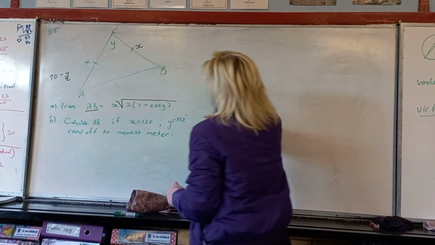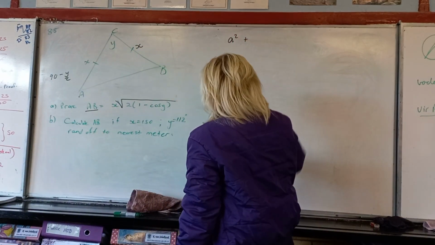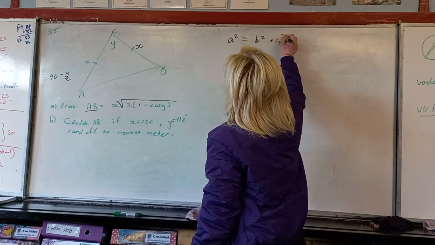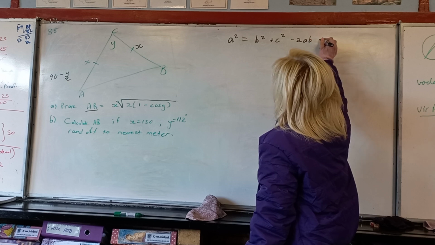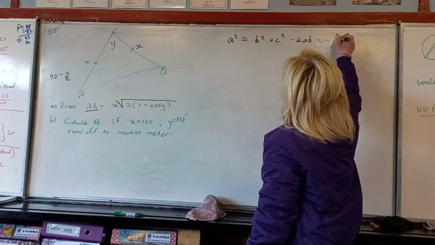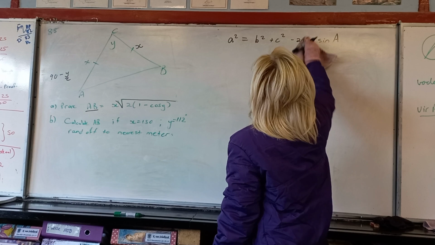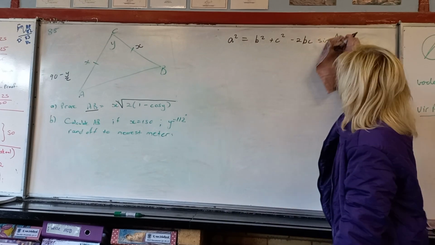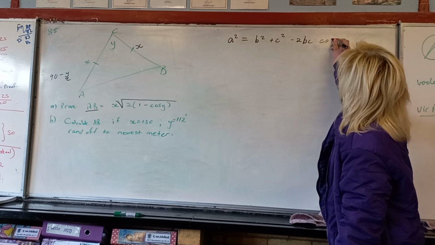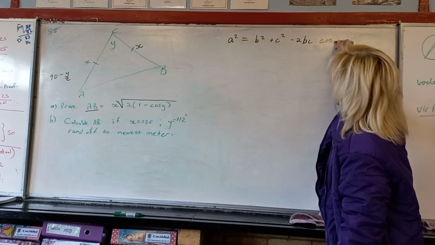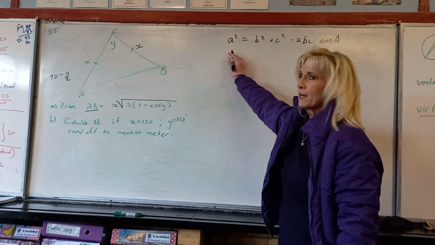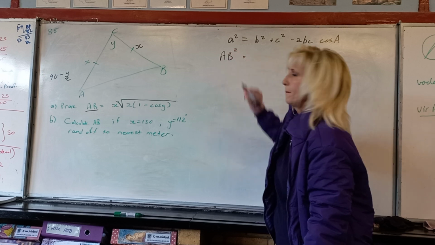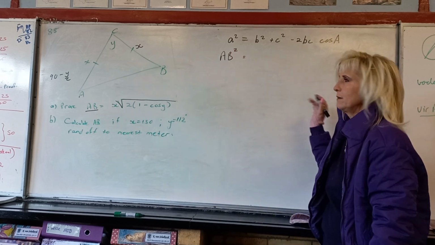So if I want that AB, and I'm going to use the cos rule, it's a squared equals b squared plus c squared minus 2bc cos A. The side that I'm looking for is AB, so this should be AB squared, which I'm going to put in the square root just now.